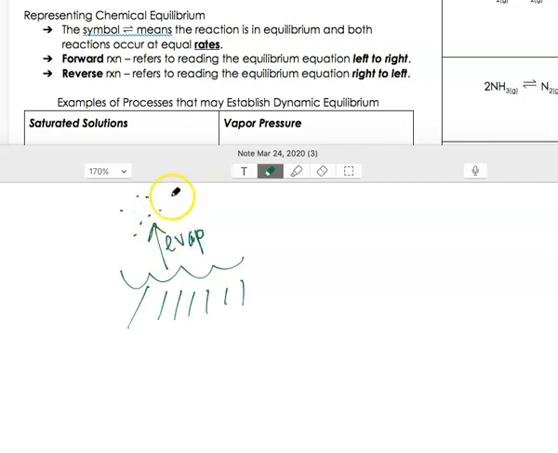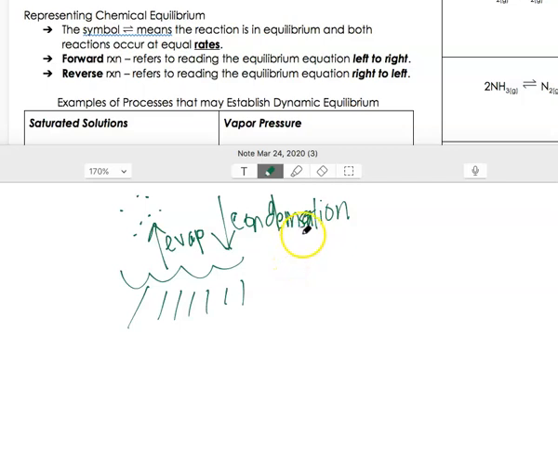But then some of this gas is going to go back down and form a liquid again, and we call that condensation. And when you have both of these occurring at the same time, at the same rate, then equilibrium is established.